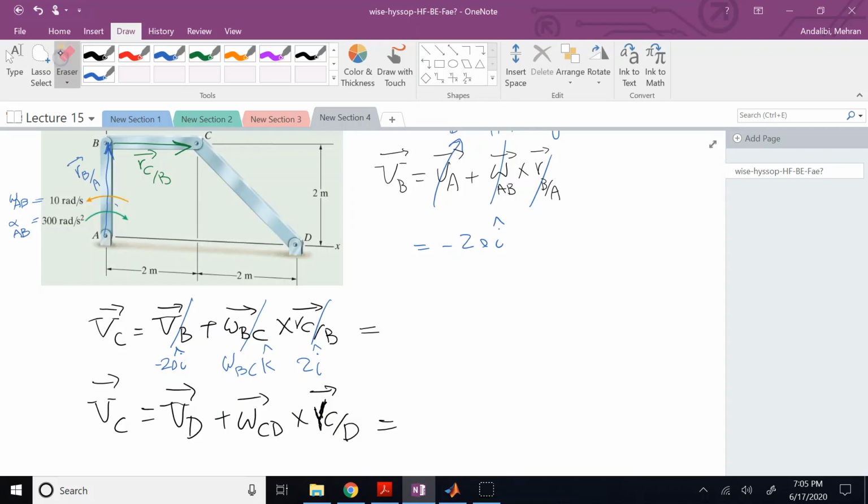So the top one, if you simplify it, was negative 2 omega BC I, and then we have K cross I, right?